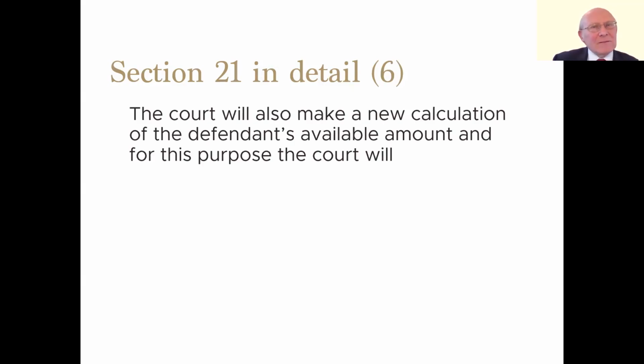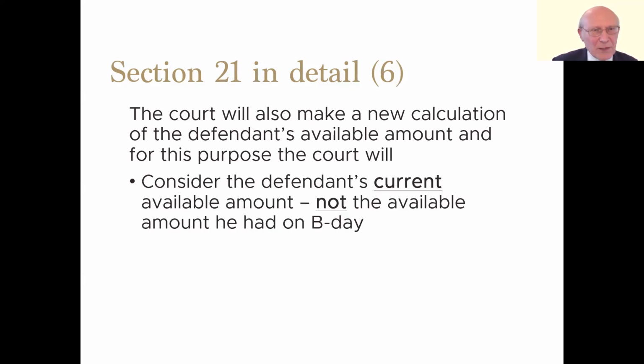And the court now, at the same time, goes on to make a new calculation of the defendant's available amount. But for this purpose, the court considers the defendant's current available amount, his available amount today, not the available amount he did have at the time the confiscation order was made. Now, you can imagine that he might have had, for example, money in a bank account at the time the confiscation order was made.